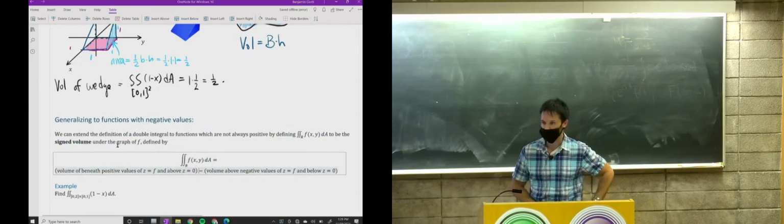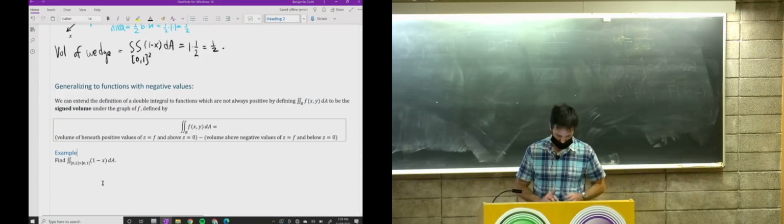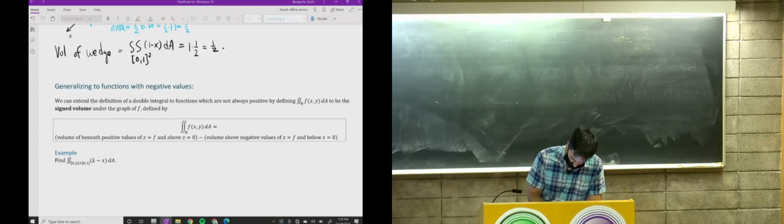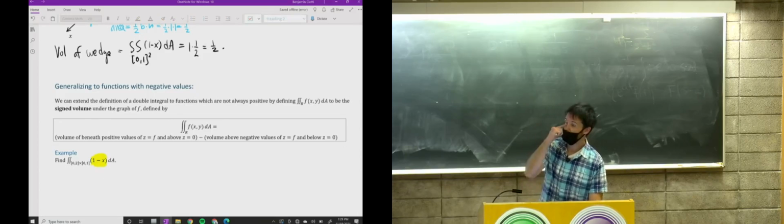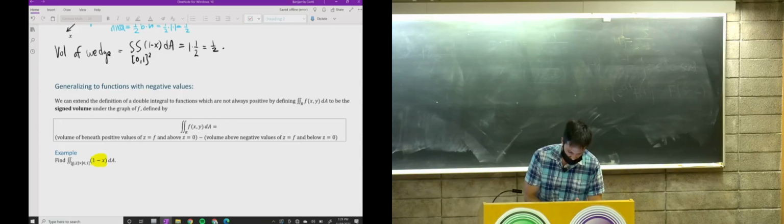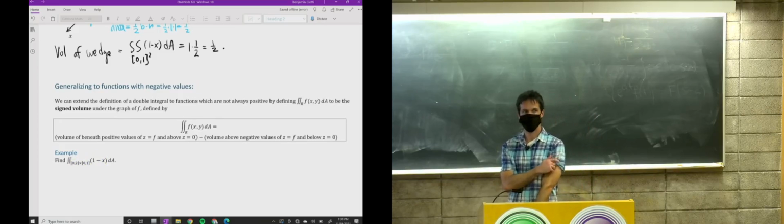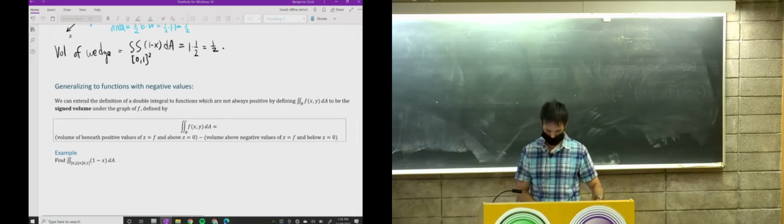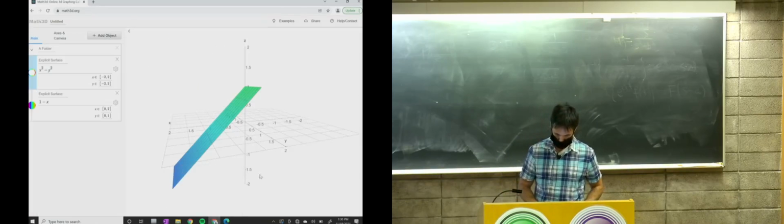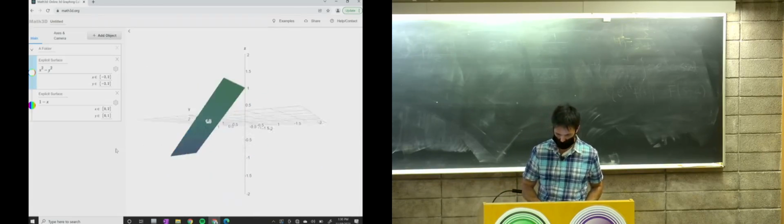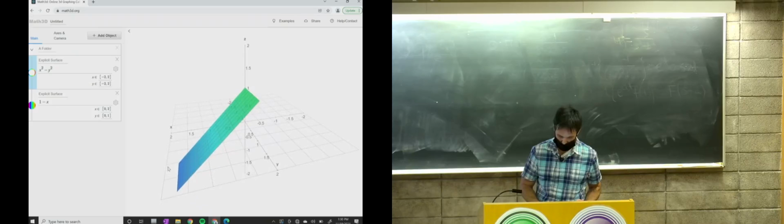To show you a quick example of this concept, let's compute the double integral of 1 minus x, same integrand as in the last example, by the way, but now over 0, 2 cross 0, 1. In fact, let's look at the Math 3D graph of this, which is right there. Okay. So there's the graph of 1 minus x over the interval 0, 2 cross 0, 1.